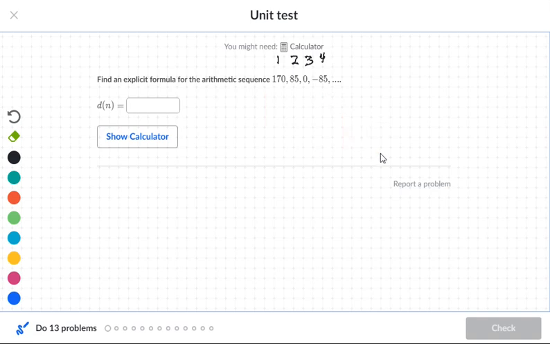It should be the other way around. It should be the 0. So we're going to take the 0 here and subtract it by the second term, which is 85, which is a negative 85.